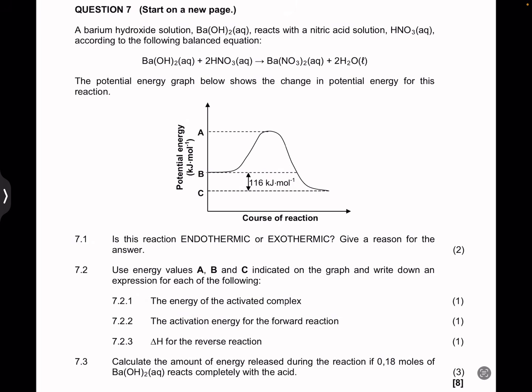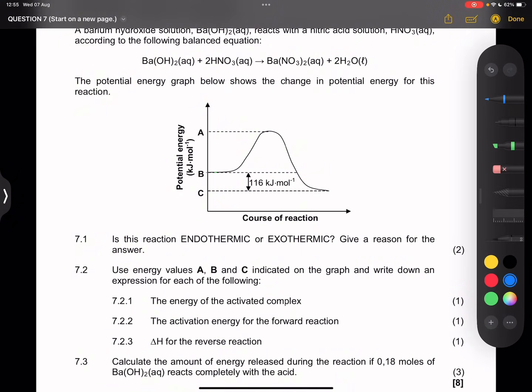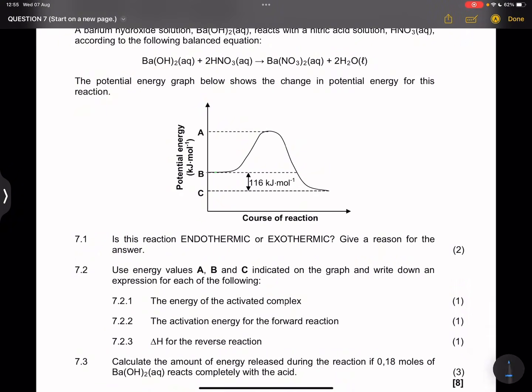I'm sure you can already tell what type of reaction this is. Firstly, what are we going to note? We do note that the potential energy of our reactants is actually greater than that of our products. So remember, we've got reactants over here and products over there. It means that the potential energy of the products is less than that of our reactants.